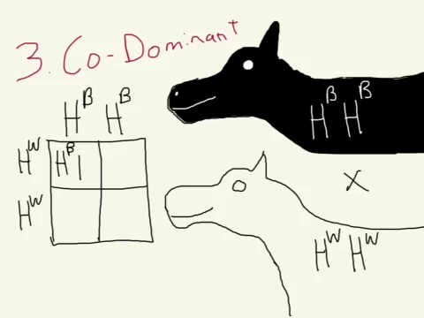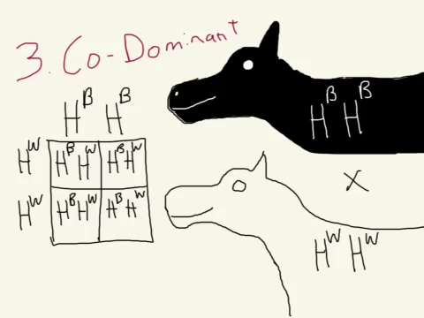Bring the B down, the W over, and this goes for every single box here as well. This is all going to end up having HB and HW in every single box. But what does that actually mean? So we said we have HB, HW as the offspring.